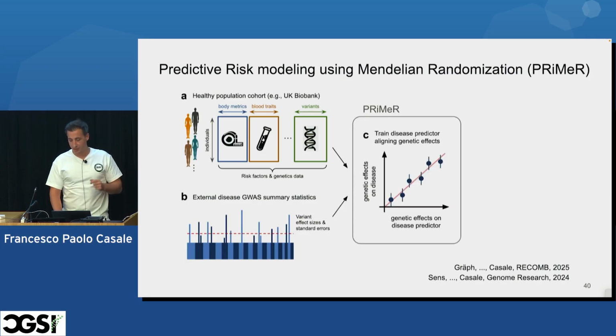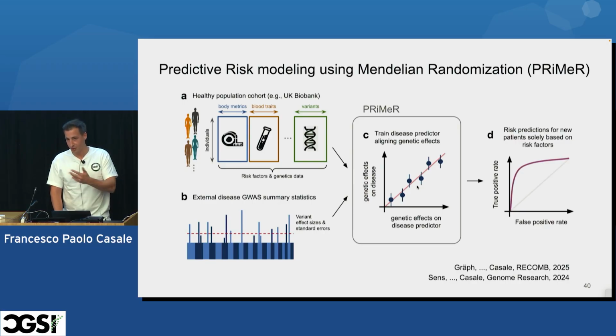You can actually train a disease risk predictor such that the genetic effects on this risk predictor fit the effect on the outcome in an inverse variance weighted regression setting. And so you can train the predictor using the summary stats from the GWAS of the outcome, and then you can use it. You don't need genetics when you use it in other cohorts for making risk predictions.